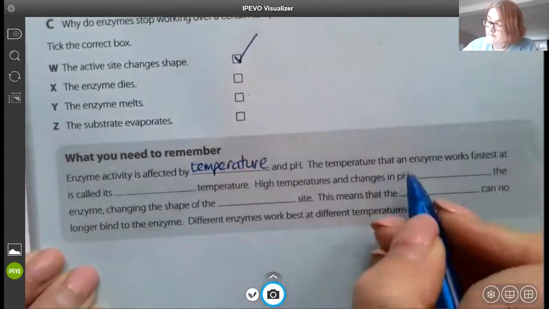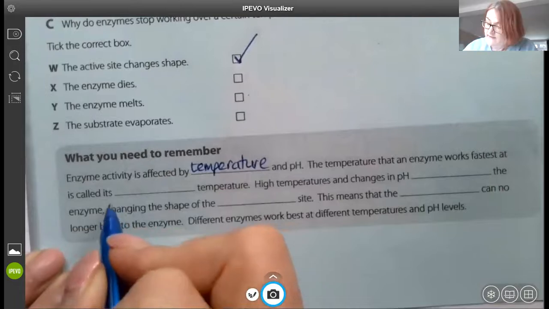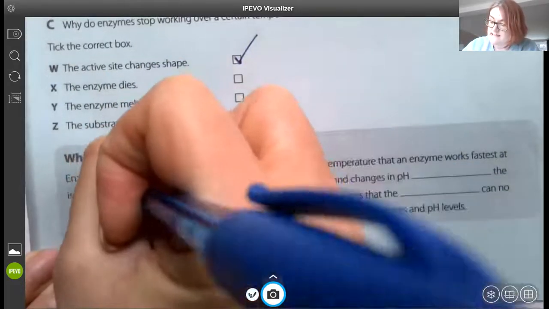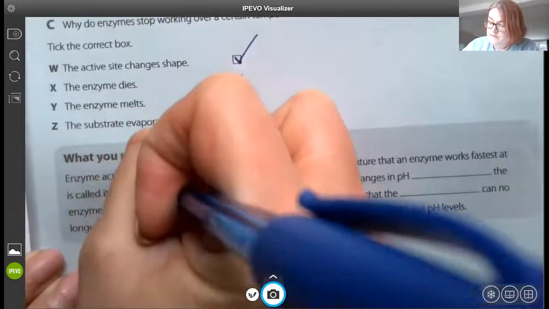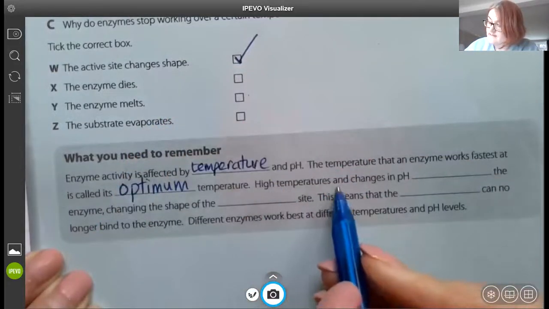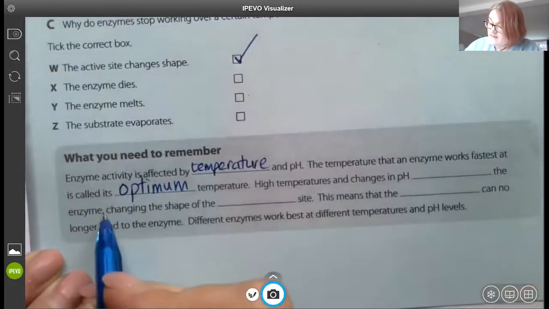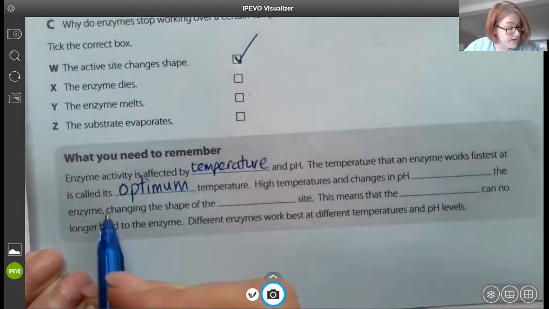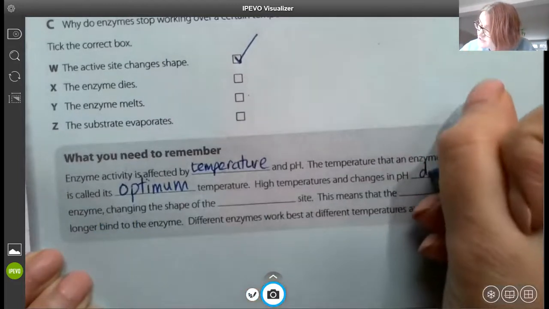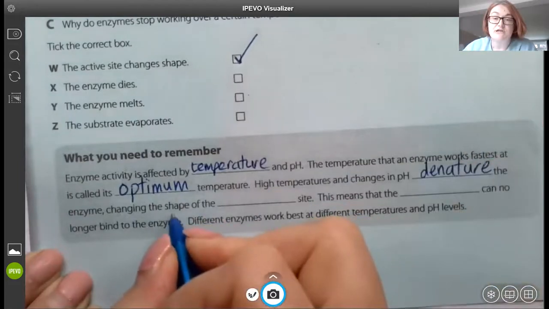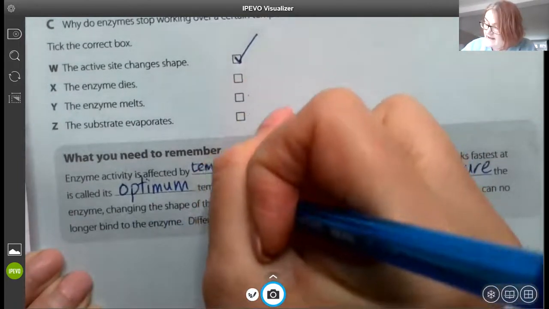The temperature that an enzyme works fastest at is called its optimum temperature. High temperatures and changes in pH something the enzyme. What could we say there? High temperatures are going to denature the enzyme, changing the shape of the active site.